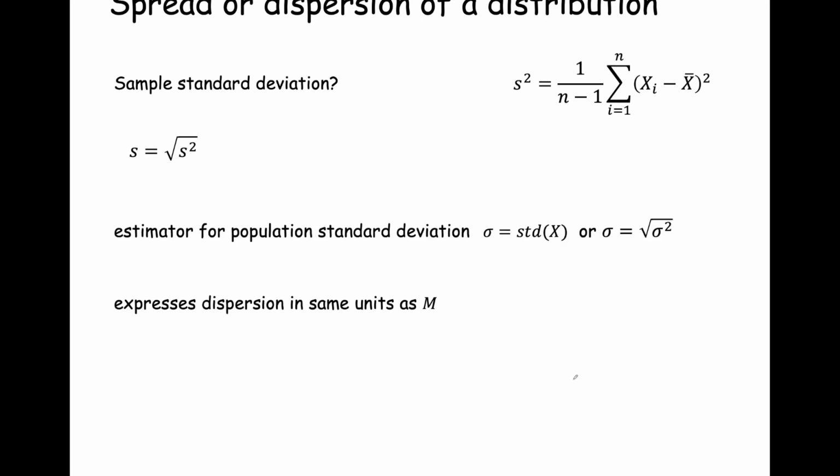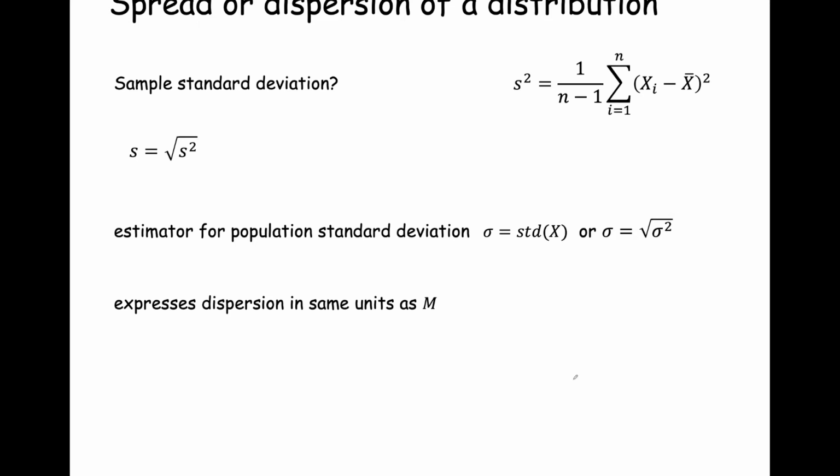Okay. And so the sample standard deviation, just like the population standard deviation, is just the square root of the sample variance. So we take our s squared, we take the square root of that, we get a statistic, a value, and we call that our sample standard deviation.